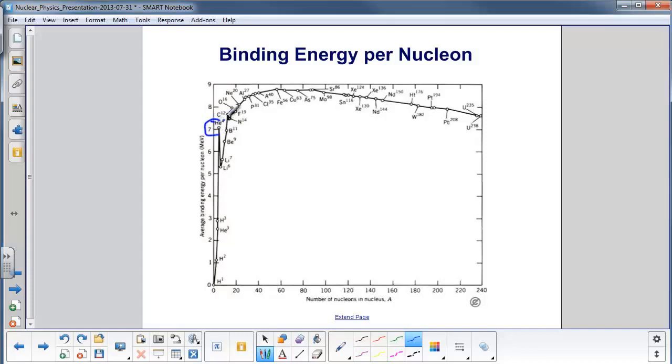So helium-4, compared to its neighbors, has a very high binding energy because then it goes right down here. That means helium-4 is very, very stable. The curve keeps rising right up to around the iron-nickel area right here, and then it decreases. And on the next slide, we're going to talk about what it means for the binding energy per nucleon to be rising up until it gets to this point, and then steadily decreasing for the more massive elements.